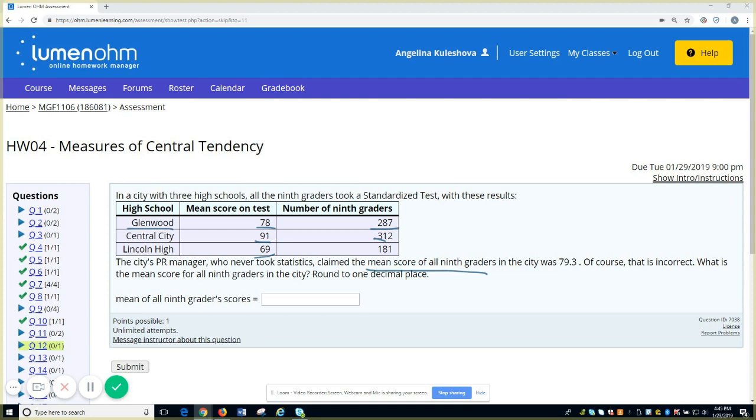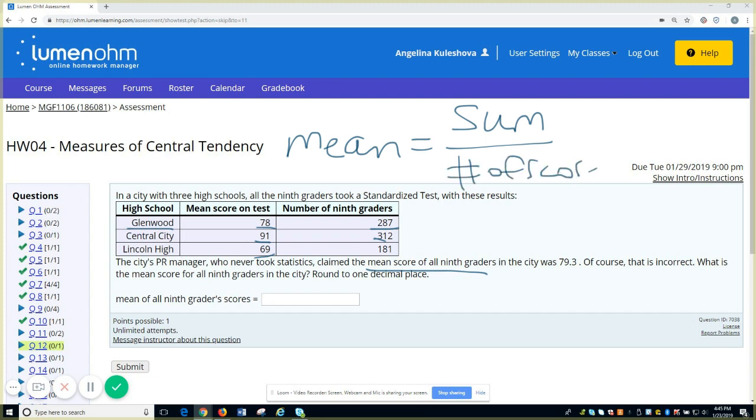All right, so what we can do here is recognize that to find the mean, we have to take the sum of all the score values and divide them by the number of scores. That means for every high school, we know what the mean is.